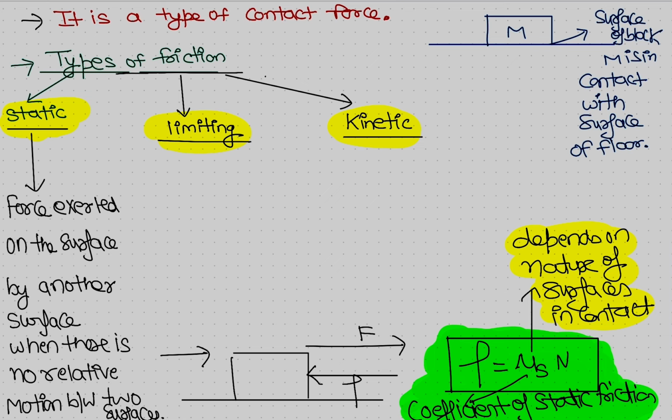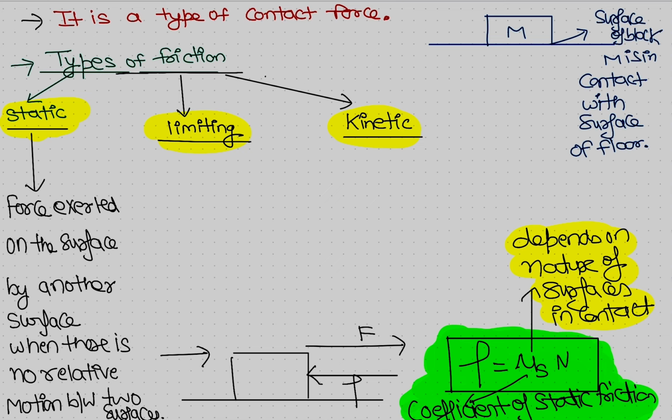So static friction is the force exerted on a surface by another surface when there is no relative motion between the two surfaces, which means in static friction the object is at rest even though the friction force is applying on it, right? So when both the surfaces are at rest or considered to be not in relative motion, the friction acting on the block is called static friction.